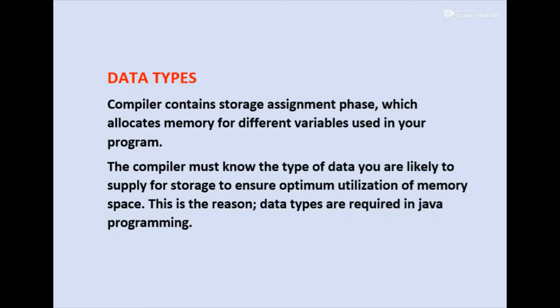So the first topic is data types. Now the question is, what are data types? In Java programming, we have to deal with various types of data such as whole numbers, fractional numbers, a single character, a set of characters, etc. Now how can we define these various types of data in a Java program?